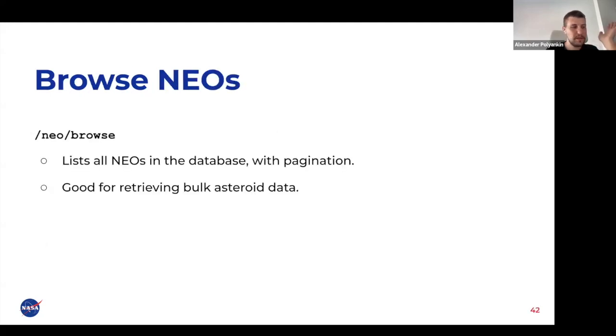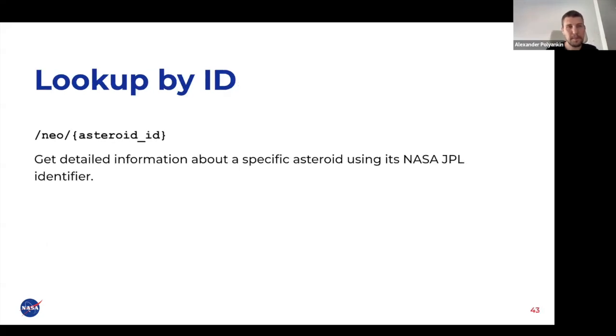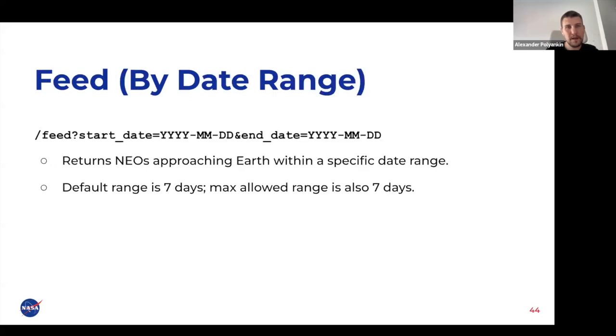There are several primary endpoints. The first one is browse. So you can just get everything and filter by days. When you have this information, you could use the ID returned by the listing point to get more detailed information about some specific asteroid.